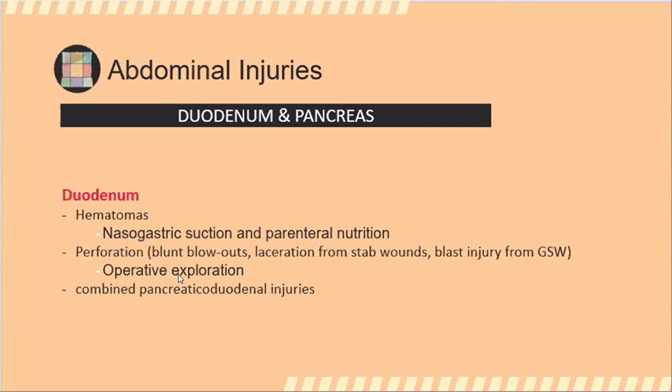And at the same time, magbigay lang muna ng parenteral nutrition. Okay? But if extensive yung injury, lalo na pag combined duodenal and pancreatic injuries, kailangan ng operative exploration to repair, to reconstruct the continuity of your GI tract and the continuity of your pancreatic duct.